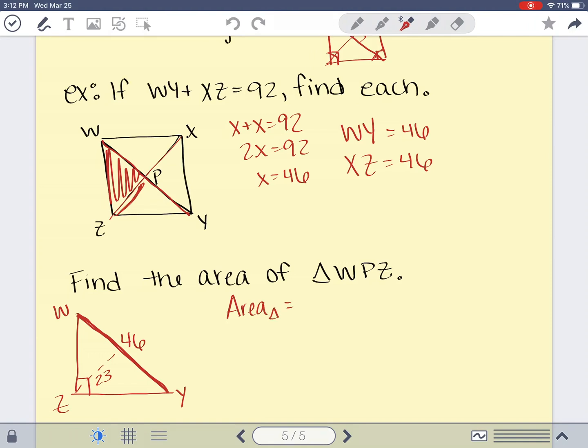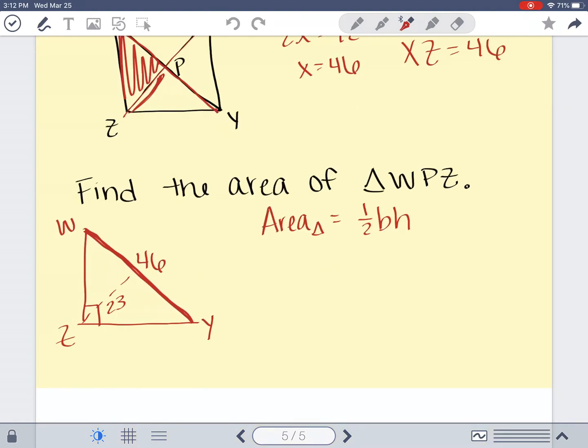In order to find the area of a triangle, it's 1/2 your base times your height. So the area of the big triangle right here, triangle WZY, is equal to 1/2 of our base of 46 times 23.